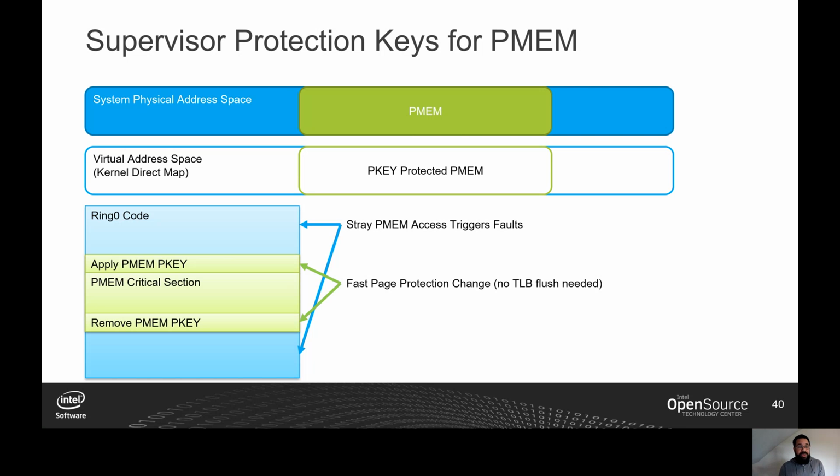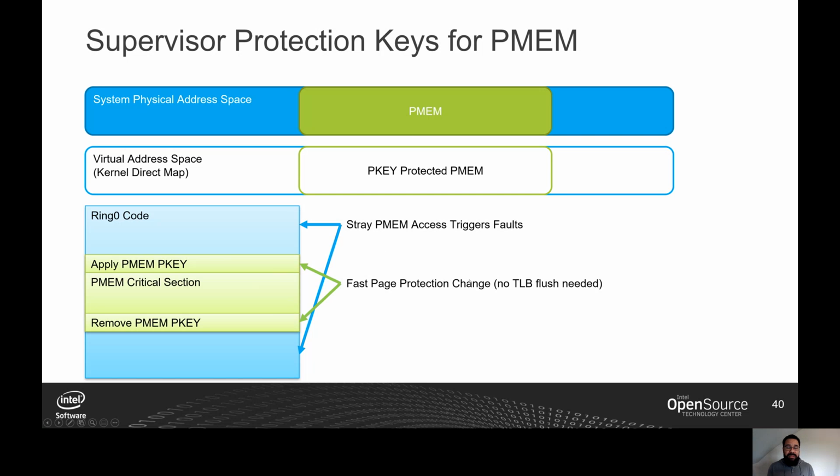And then when your code is running, it can apply the key it needs when it needs to access that memory. So we're running, in the blue areas, normal ring 0 code, different subsystems. And then we call into the device driver, the PMEM driver, and for its access, it will bound its access with the P key. It'll apply it and remove it.